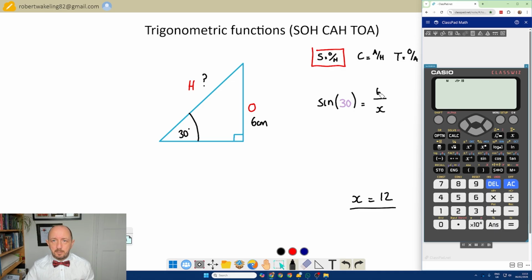I either times them together, sine 30 times 6. No, that didn't give me 12. I can divide them. If I times them the other way around, that's the same thing. So I either times them together, that's one option. I can divide them. Make sure you close the brackets.